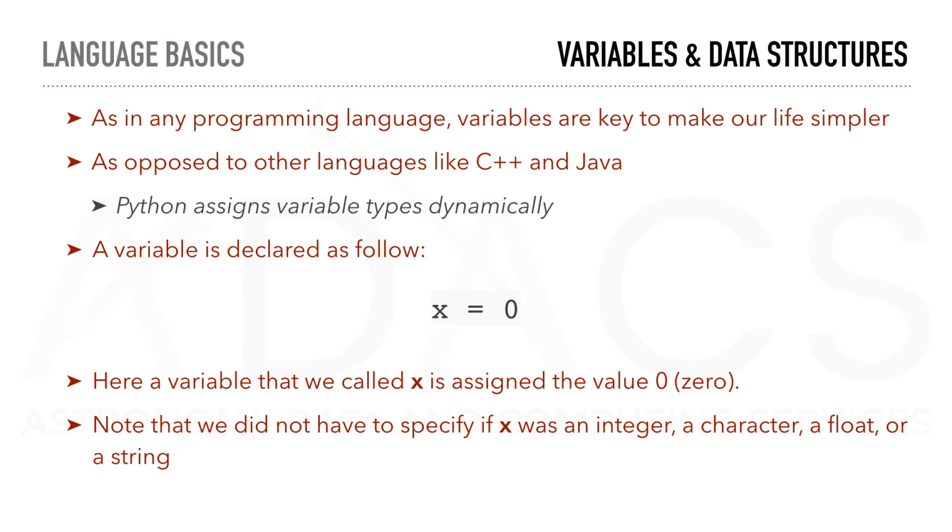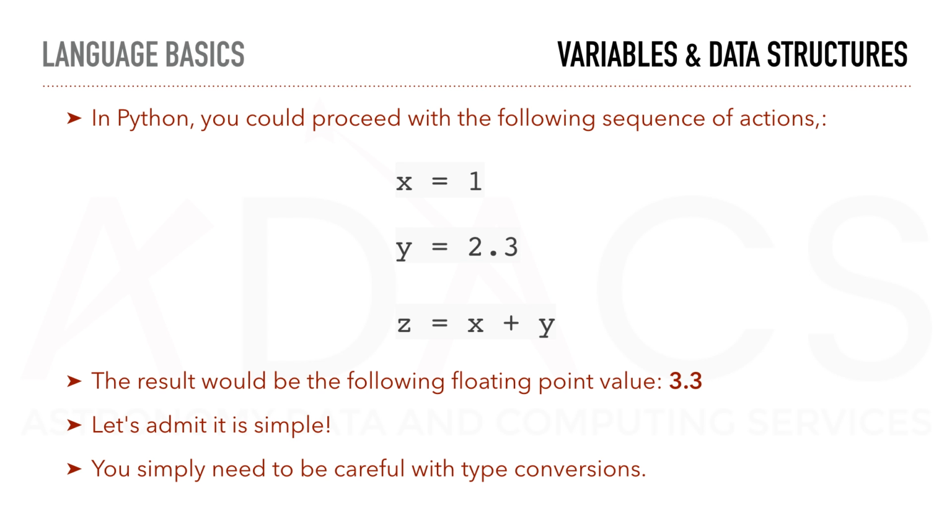Python knows that automatically, and the same goes for characters, floats, and strings. Want to add an integer and a float? Not a problem in Python. Just make sure that after the operation, you are still working with the type that you are intending to work with.